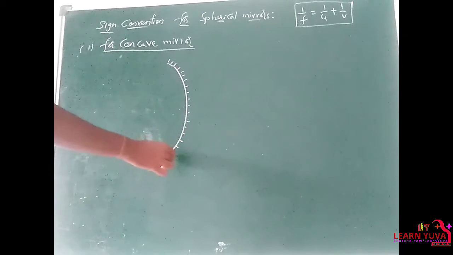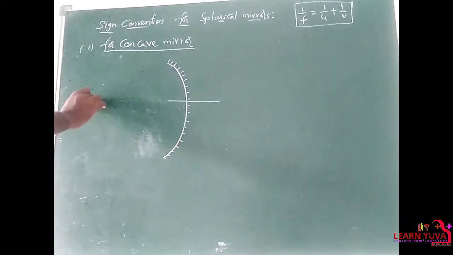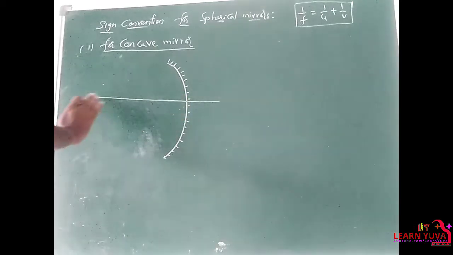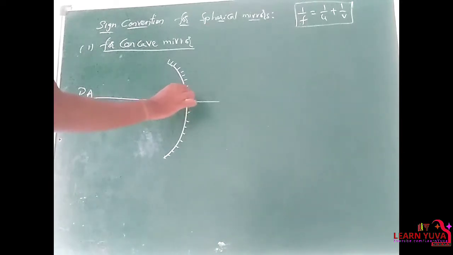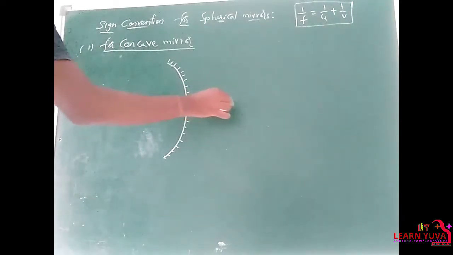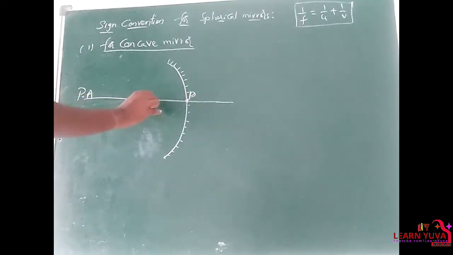For this concave mirror, this is the principal axis, and it is the pole. It is the focus, and it is the center of curvature.